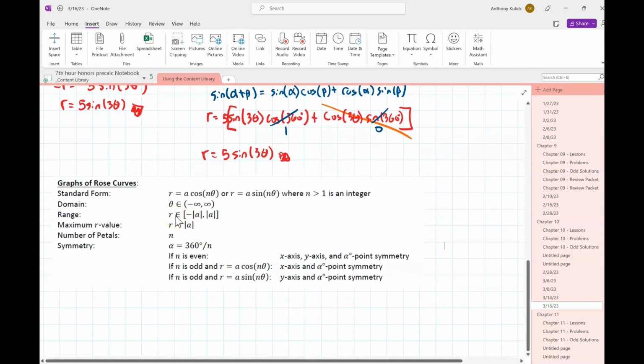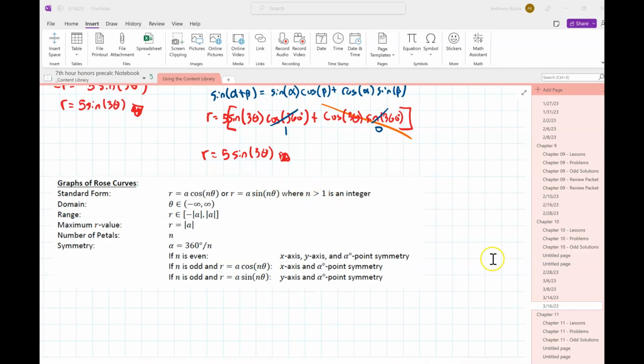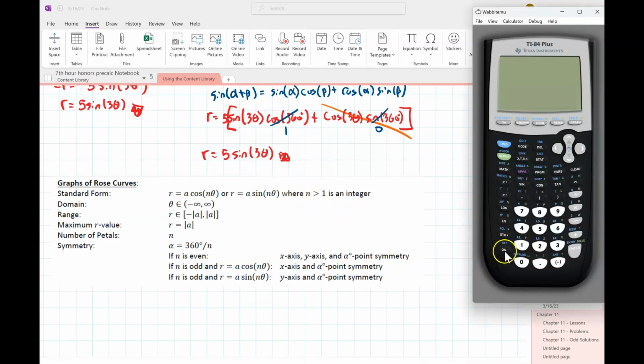A rose curve is something where we have r equals a cosine n theta, or r equals a sine n theta, and n just has to be a positive integer. So if I think about this 5 sine 3 theta here, that should be a rose curve, right? Let's take a look at what that would look like.